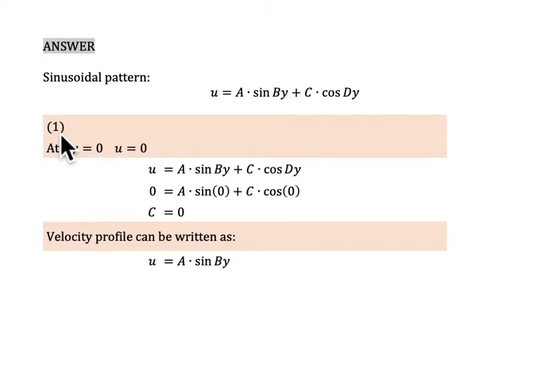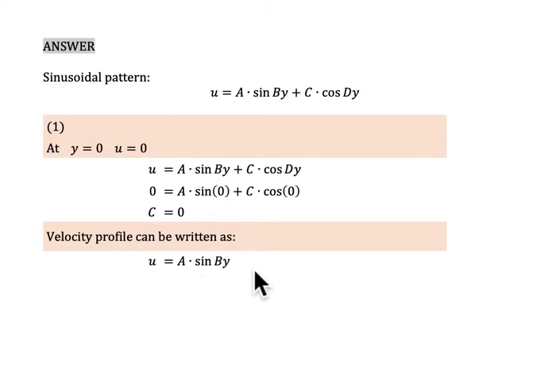At point number 1, y equal to 0 and small u is equal to 0. We substitute these values into the general equation, and we find that the value of c is equal to 0. Then we can simplify this velocity profile into u equal a sin by.